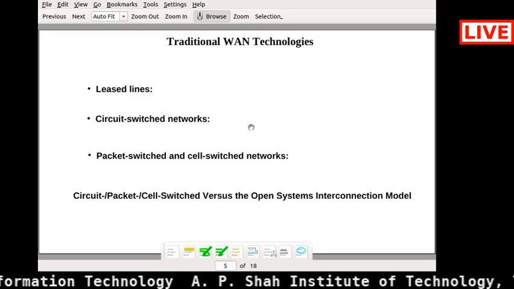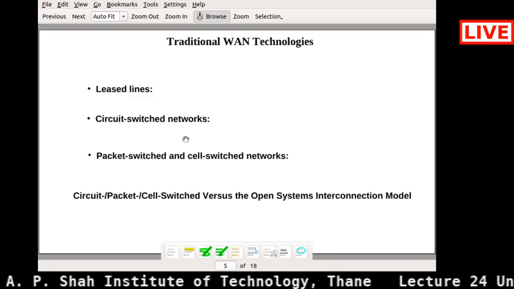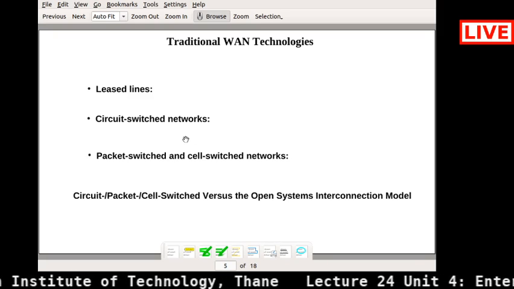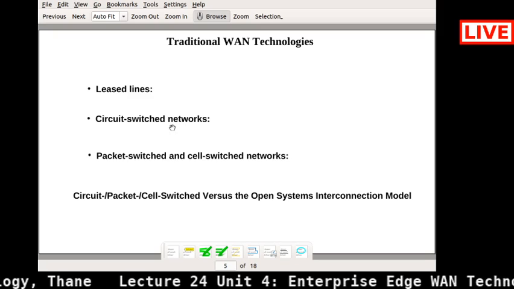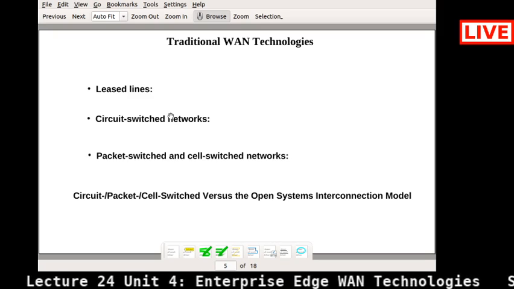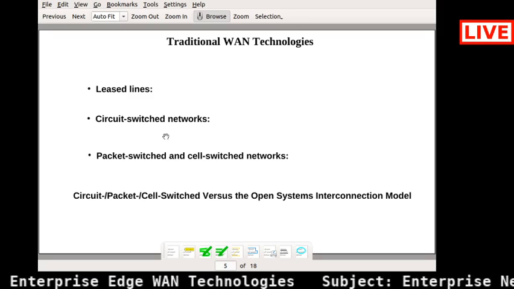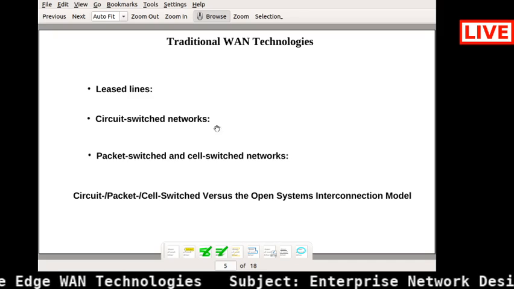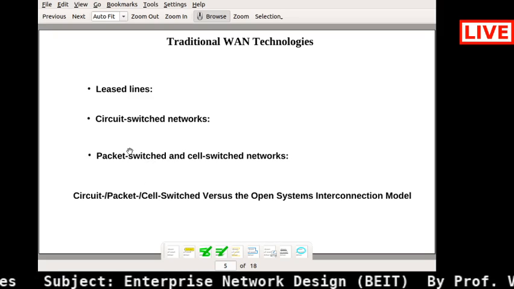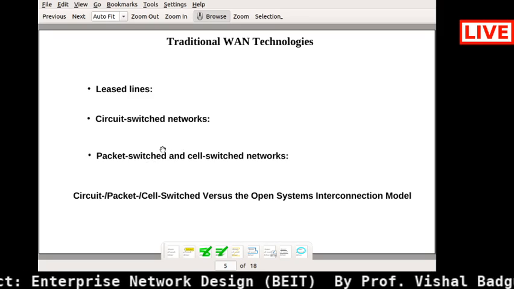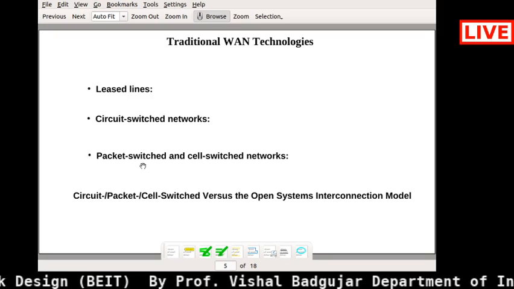So you must know that the leased line and the circuit switch network both offer their end users dedicated bandwidth, which other users cannot take. In contrast, the packet switch network gives you more flexibility and uses the network bandwidth more efficiently than the circuit switch network.